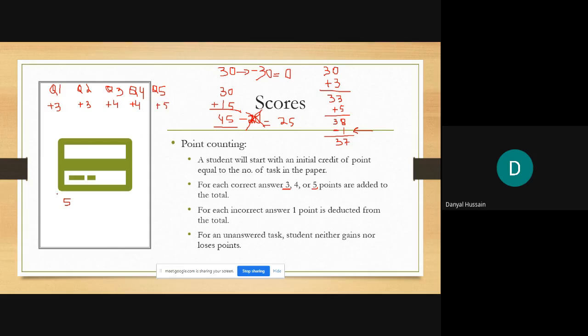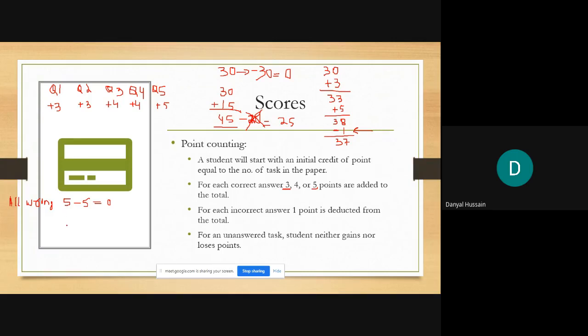For example, if you are marking all the wrong options, you will get 5 minus 5 is equal to 0. If all options are wrong, you will get 0 marks. You will lose the marks which you got initially.